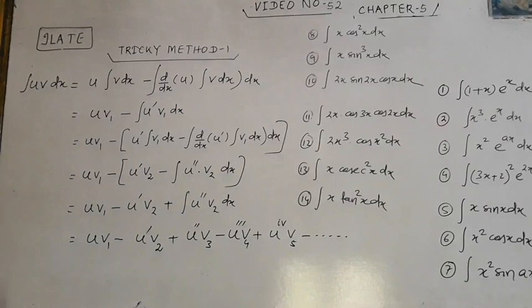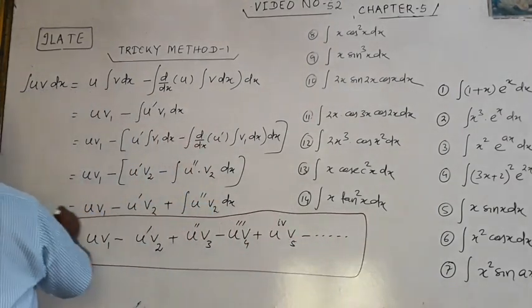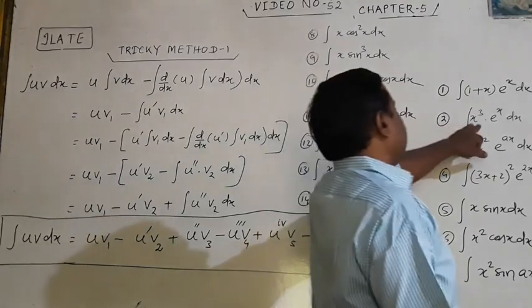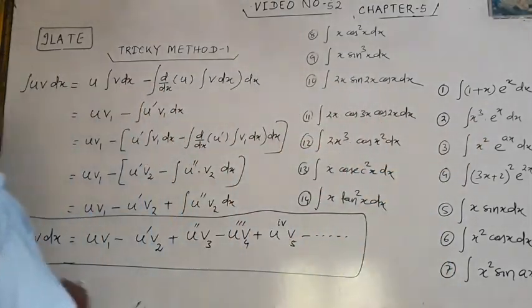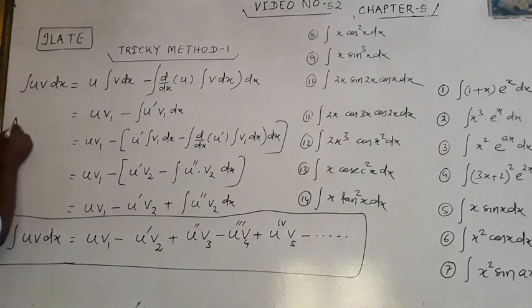And in which problem will you apply it? The problem which will continue for some lines. That is a problem like this. It is a problem of algebra. So where algebra is there, algebra trigonometry or algebra exponential, in these types of problems we will do it.